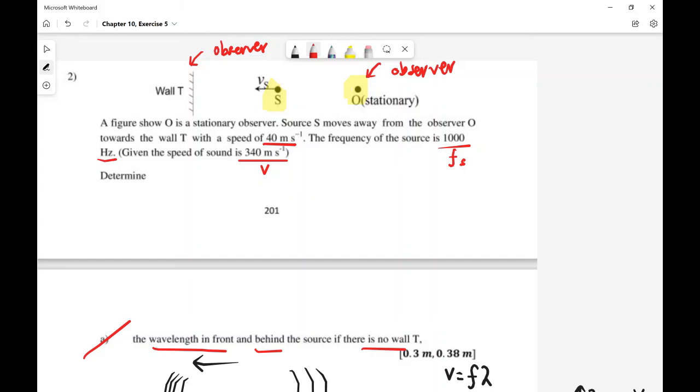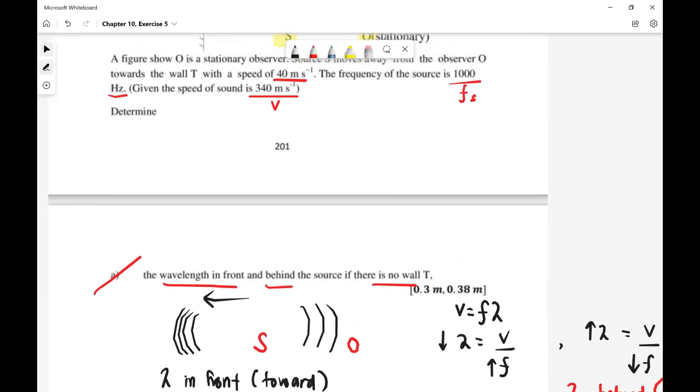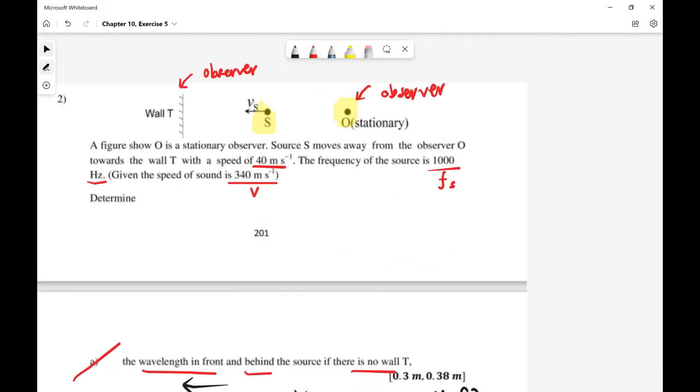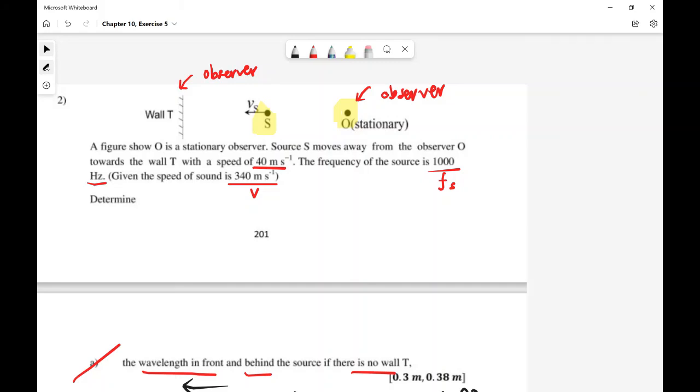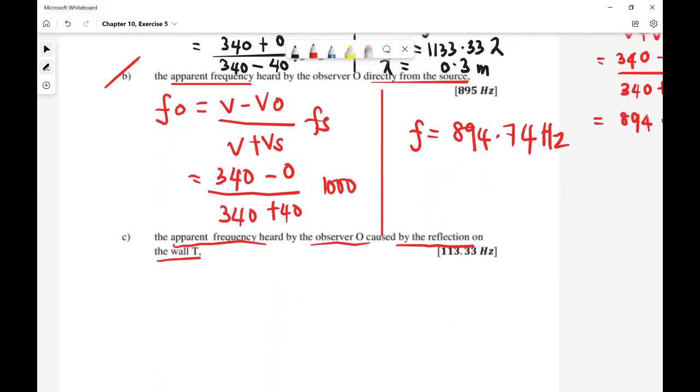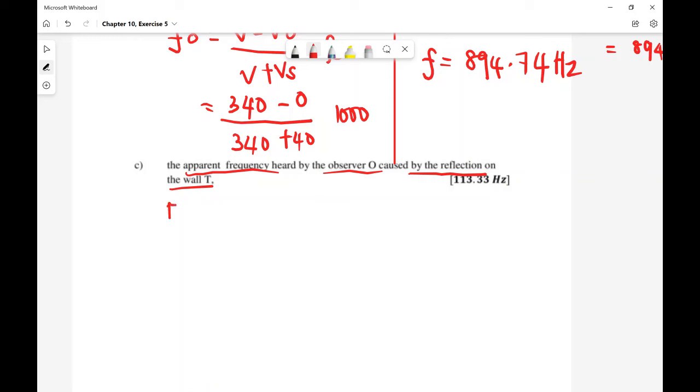So untuk soalan C ni, kita kena kira dulu frequency received by the wall, yang mana wall ni adalah observer.